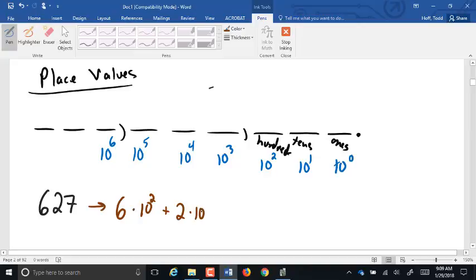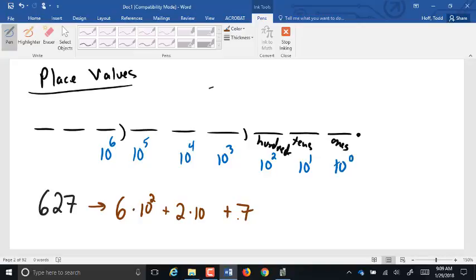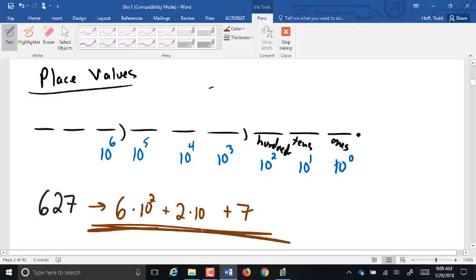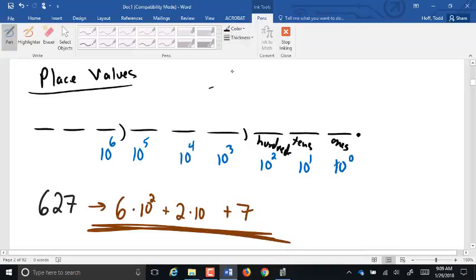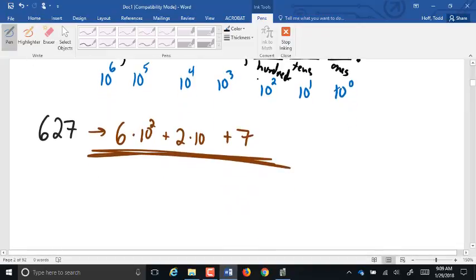The 1 is implied. Plus 7 ones. Well, we could do 7 times 10 to the 0 or just plus 7. The times 1 is kind of implied. With this written out like this, it shows us the similarity between our whole numbers and what we're going to look at next, which is algebraic numbers.